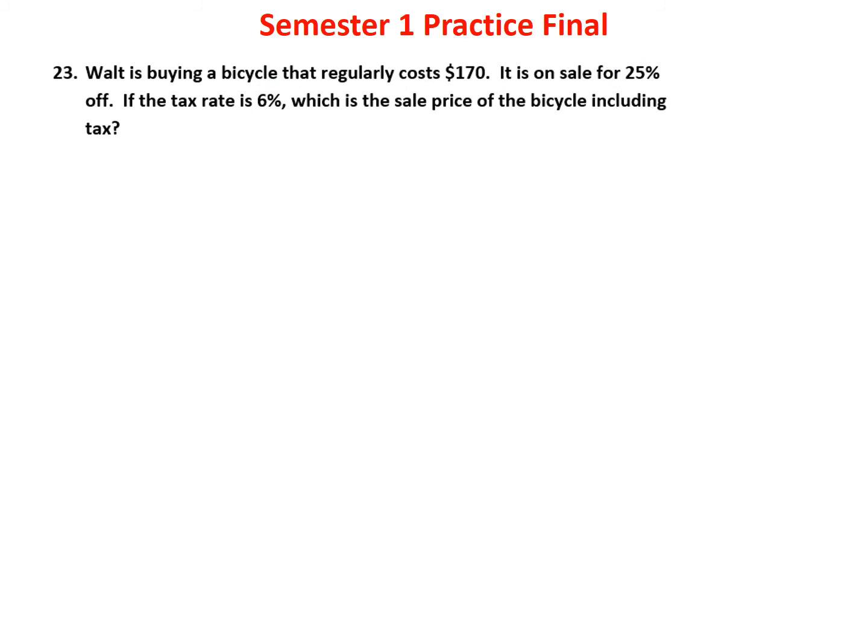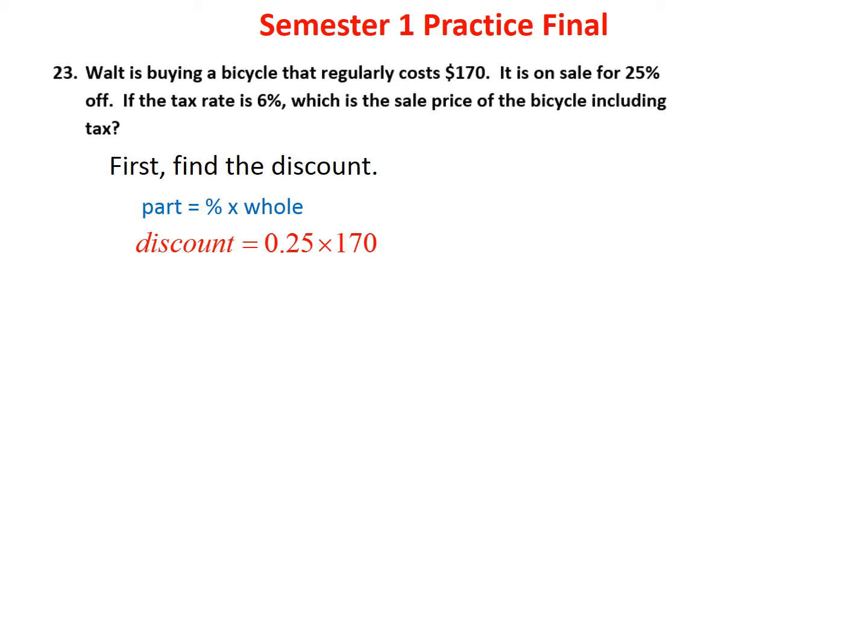We have a couple of steps in this one. First we're going to find out what the discount is. How much are we taking off? Well, the discount is 25%, and we're going to use part equals percent times the whole. Notice I'm using 25% as 25 hundredths times 170. So the discount is $42.50.